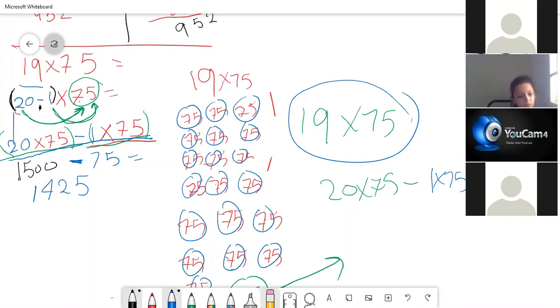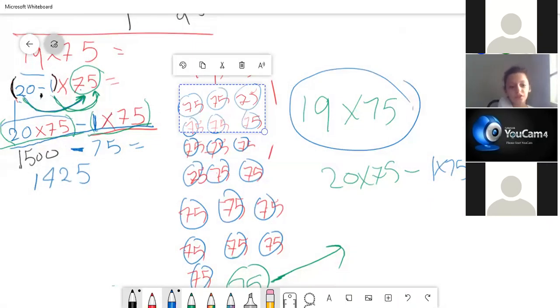And then 20 times 75 is 1,500, minus 1 times 75, which is 75. So it is 1,500 minus 75, which is 1,425.